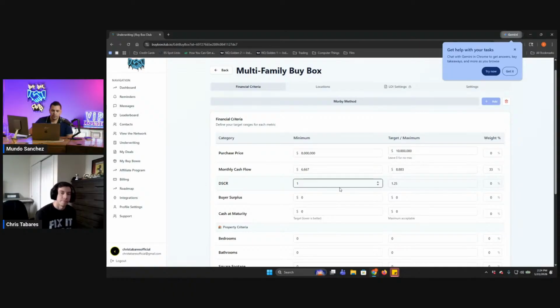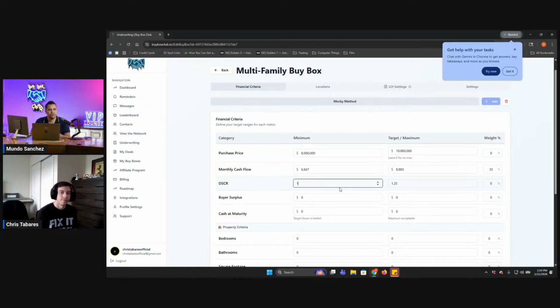But if I want to move my target to 1.6, that basically means a lot of the deals that come through are going to fail my standards because my standard is so high. So the lower your standard, the higher the scores, the more perceivably good deals, because your underwriting standards are lower.